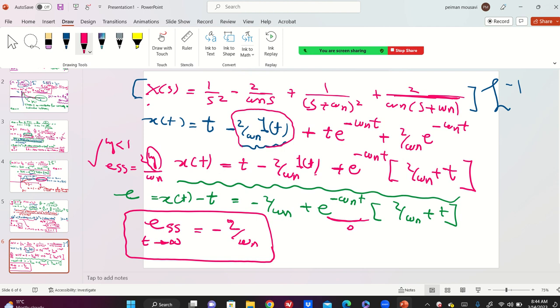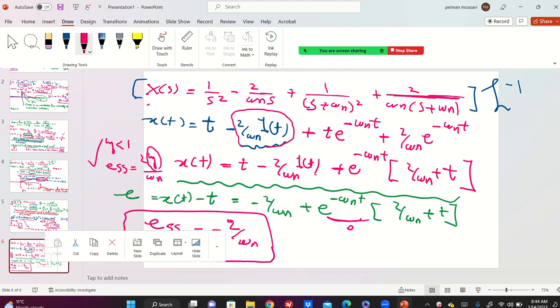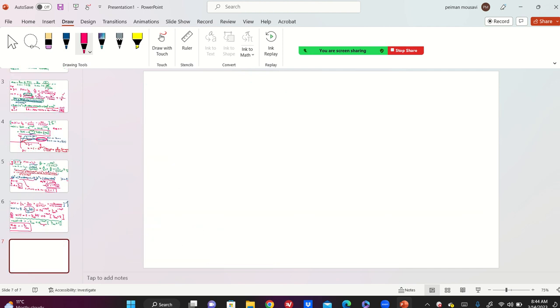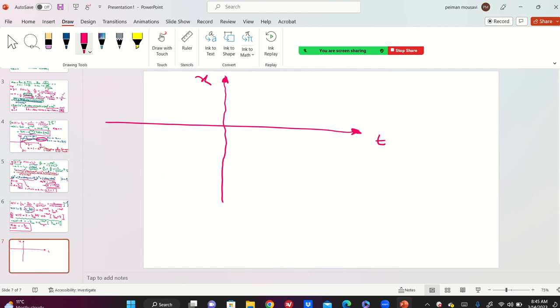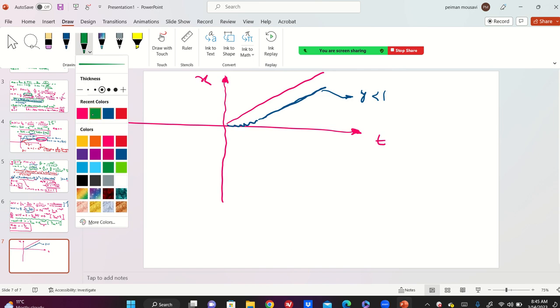Can I? So if I want to plot it, we'll go to Simulink and do this, hopefully next class. So x of t is the input to the system. For the underdamped system, we have the oscillation here, as you saw in the MATLAB Simulink, and then the steady state error signal. This was for zeta underdamped. But here we don't have this; we're going to have this.